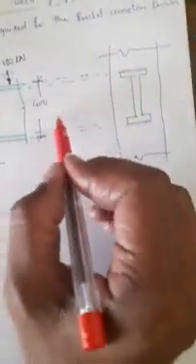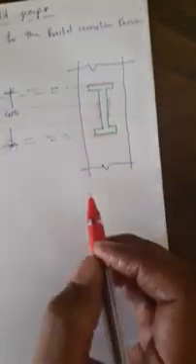This web welding, this dimension is 300. Let this dimension be 250. So I have to determine the size of the weld required for this eccentric welded connection.